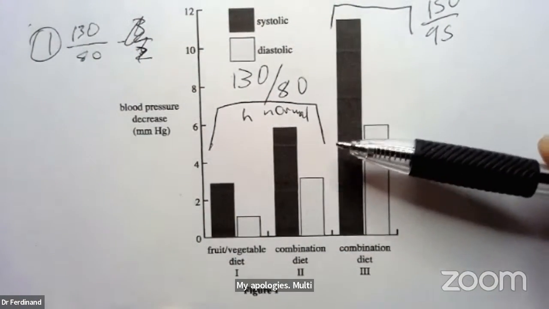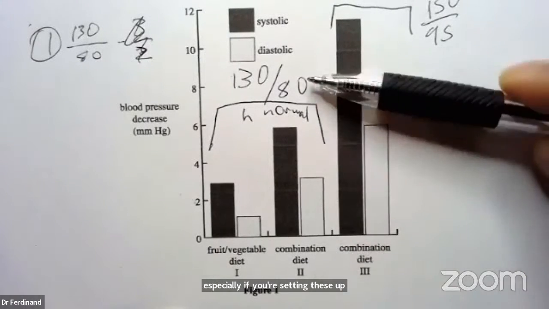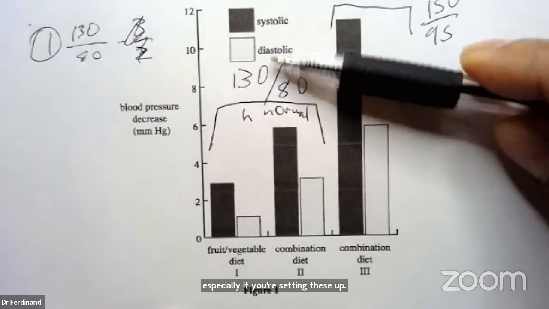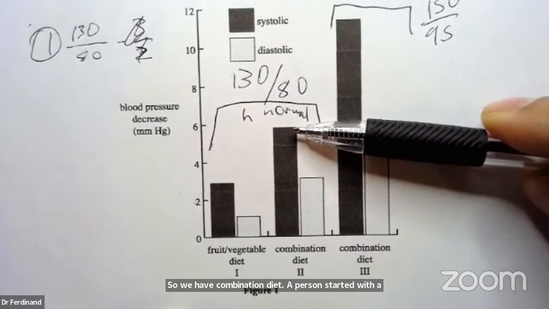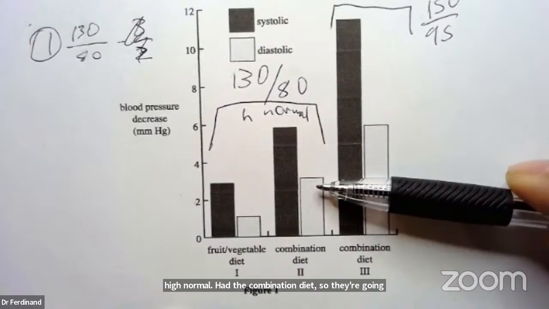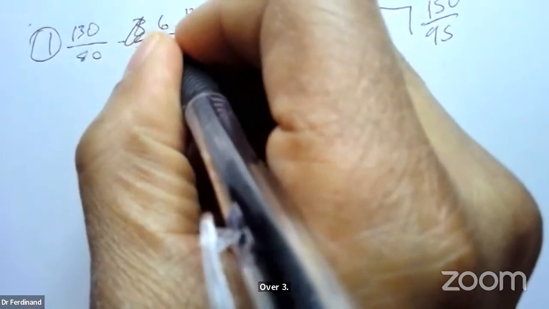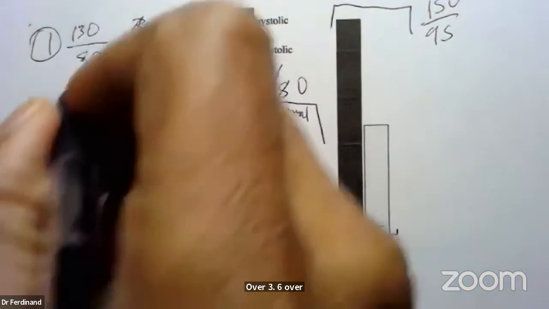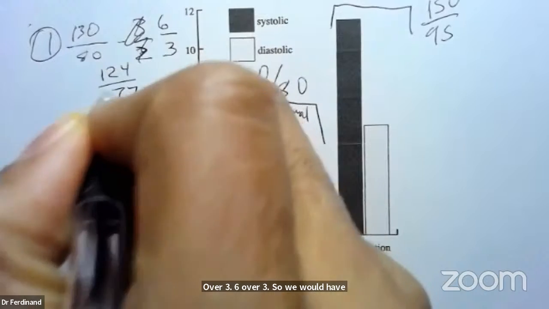Multitasking is a very bad thing, especially if you're studying for the exam. So we have combination diet. A person started with a high normal, had the combination diet, so they're going to be reduced by 6 over 3. So we would have 124 over 77.